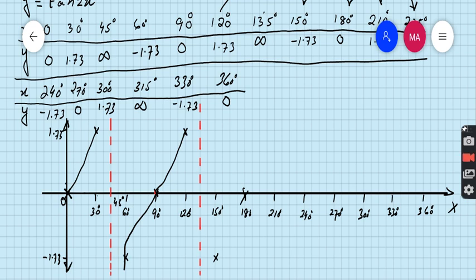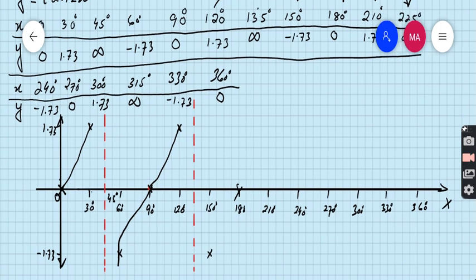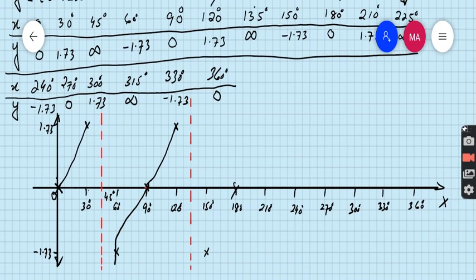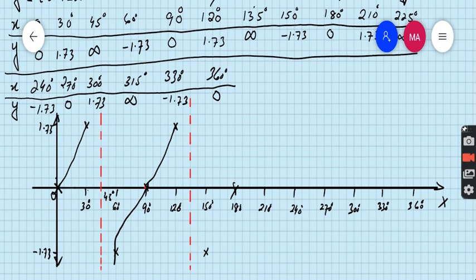At 210 the value is 1.73. Okay, and at 225 the value is undefined.